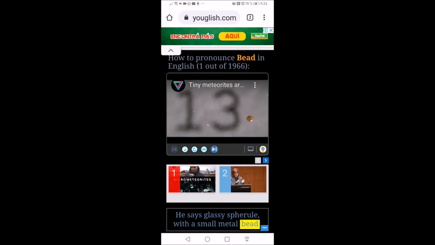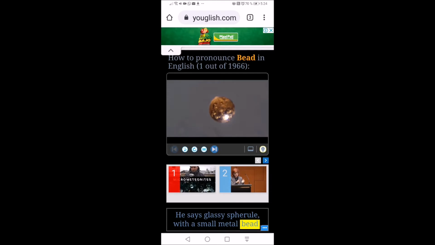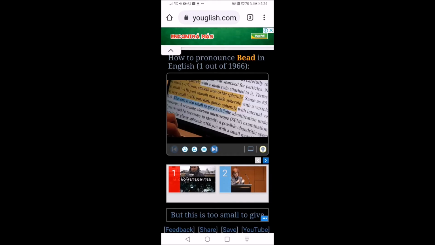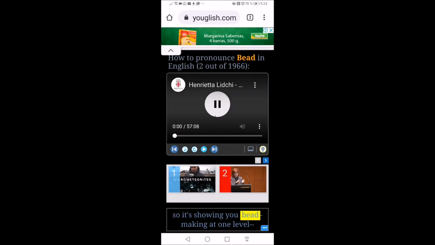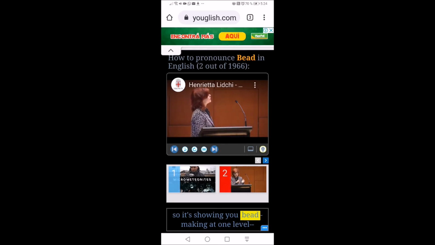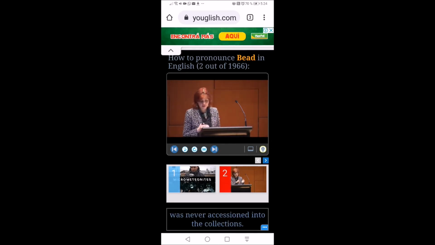One too. He says glassy spheral with a small metal bead, but this is too small to give a definite identification. So it's showing you bead making at one level, was never accessioned into the collections. So until we started to do this.